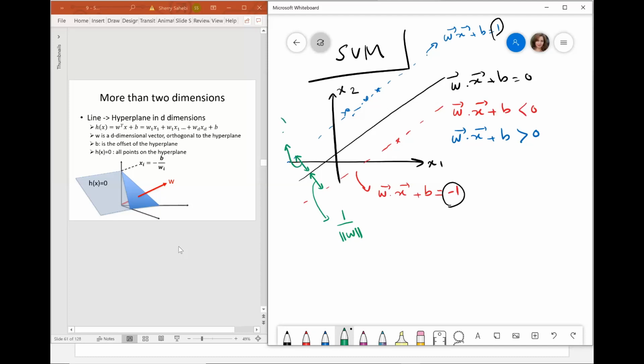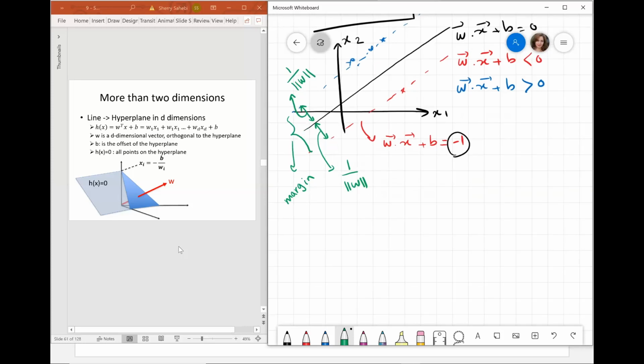And this one is also 1 over norm of w. So whenever we have this kind of situation, we call this area the margin area. So it is a margin around the black line, and one side of it is the red, the other side of it is the blue. So this is the margin that we have.